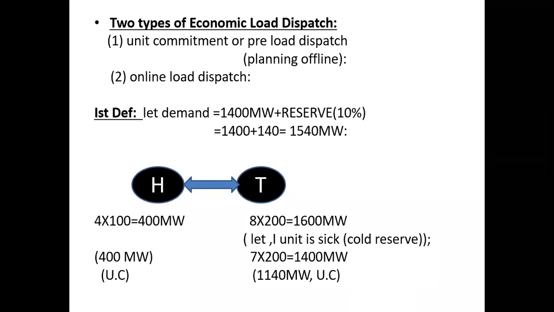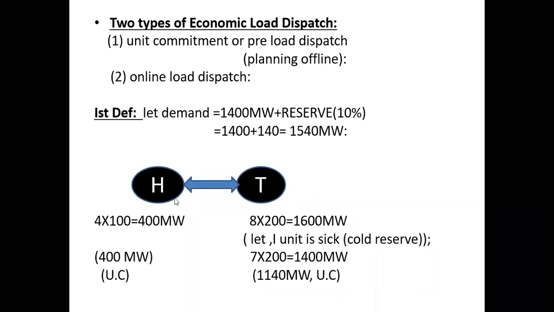The reason, as we already discussed in the previous slides, is that when compared to thermal, the fuel cost of the hydel power plant is very, very less, almost negligible. So we can use all the units present in the hydel plant, 4 into 100, that is 400 megawatts. Out of that 1540 megawatts, we get 400 megawatts from the hydel power plant, and the remaining power we can get from the thermal power plant.